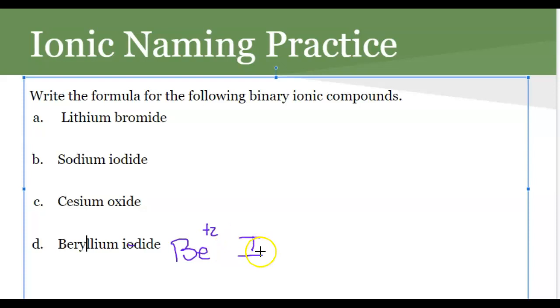And then we have iodide, which is in the 7th column, or is a -1. Following that same crisscross method, I end up with Be to I, because I'm going to need 2 I's to balance out the charge on the +2 beryllium.